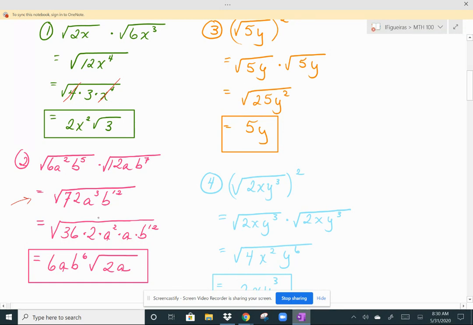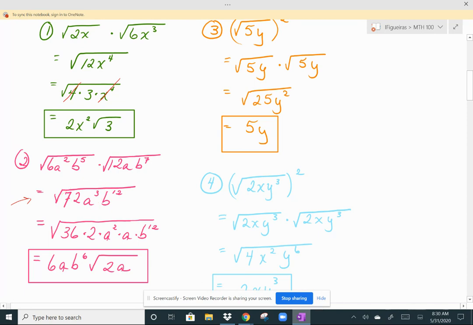All right, so I need to break down the 72 and the a cubed because neither one can be simplified as they are. 72 gets rewritten as 36 times 2. A cubed is a squared times a. And the b to the 12th is fine, so you can leave that alone.